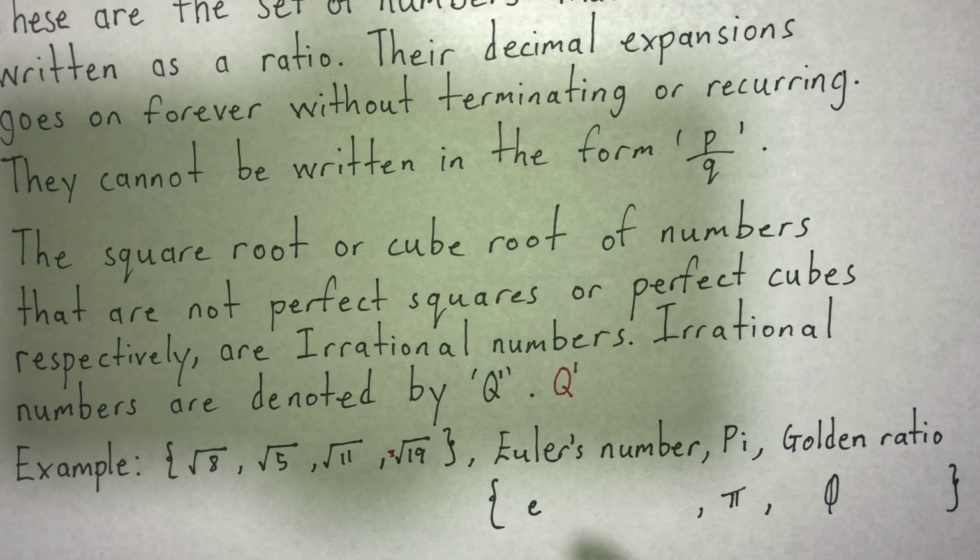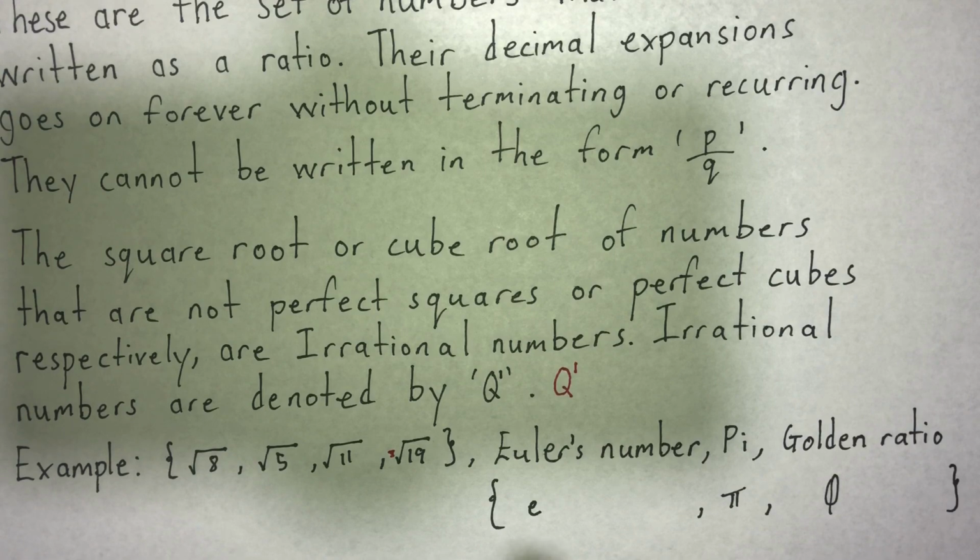Let's say we had the square root of 25. Is it a rational number or an irrational number? It is a rational number. Good.